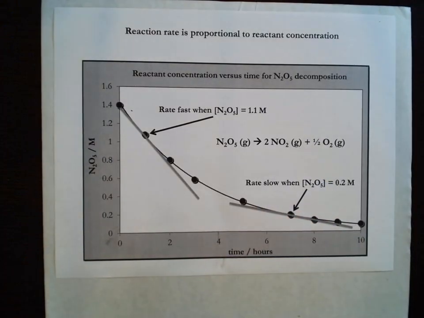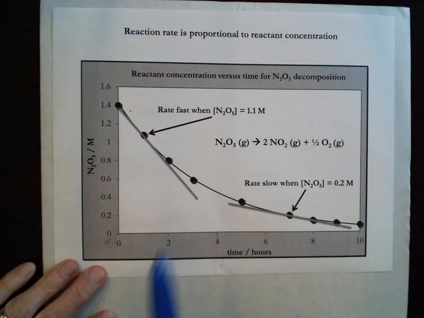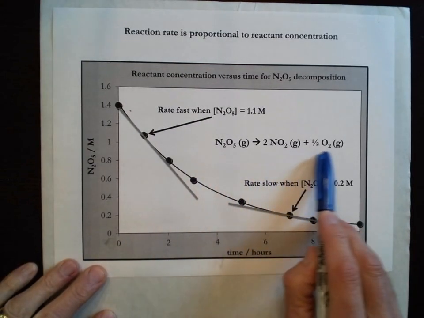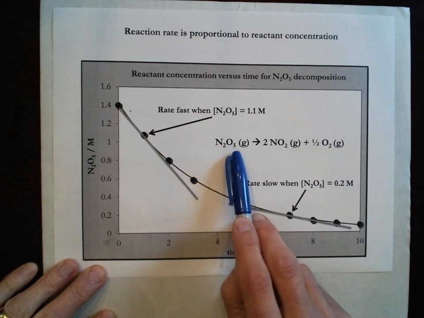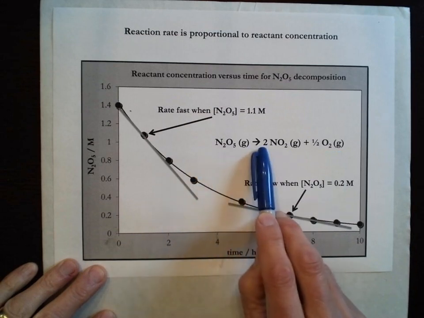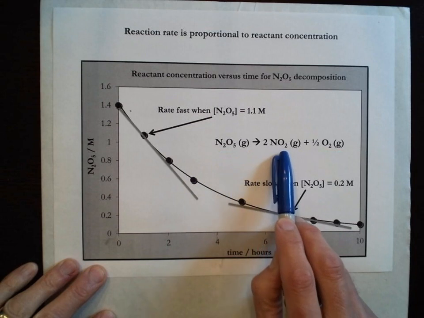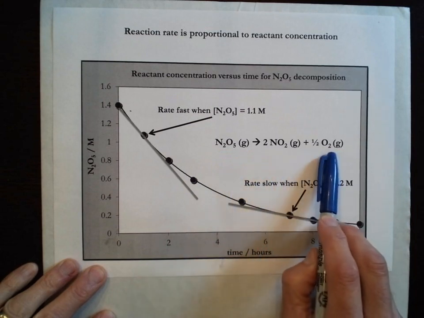In this video, we're going to talk about the effect of the reactant concentration on the rate of a chemical reaction. So we're looking at data for this chemical reaction here. Dinitrogen pentoxide decomposes into nitrogen dioxide and oxygen gas.